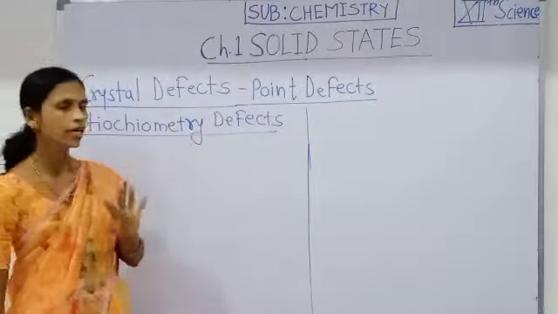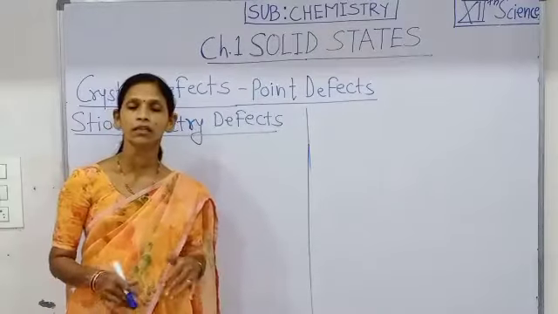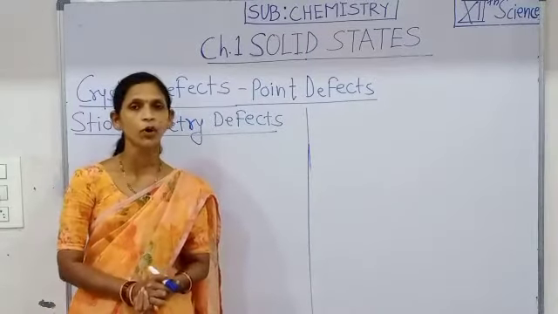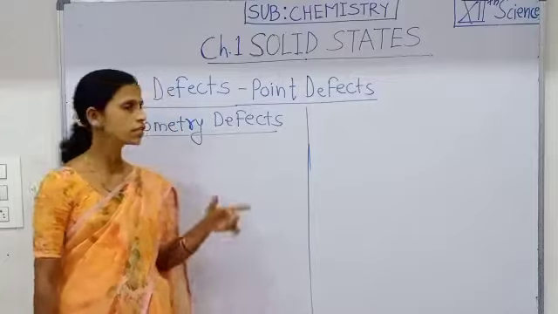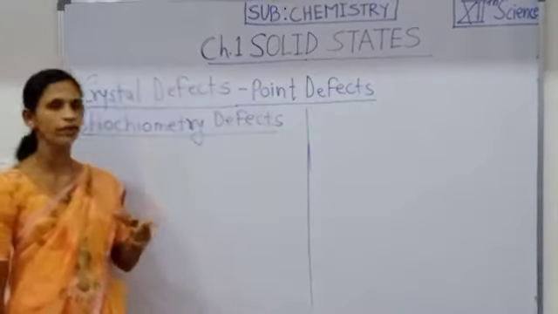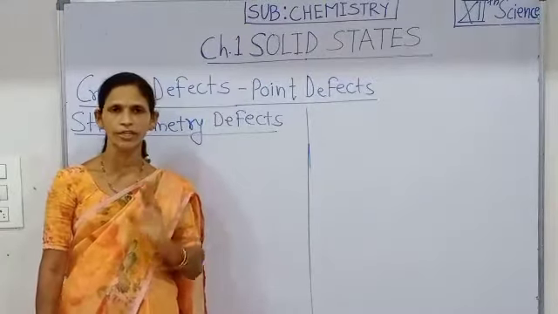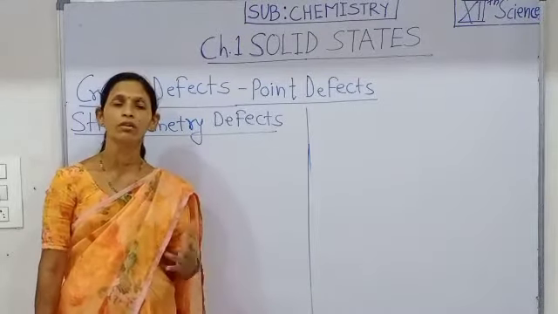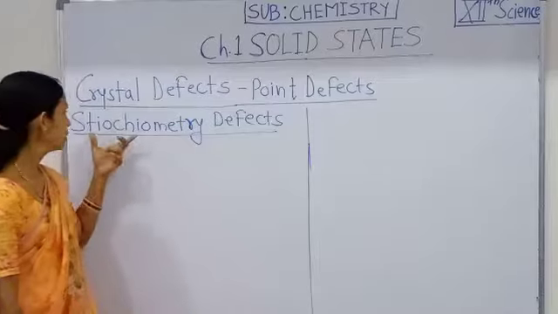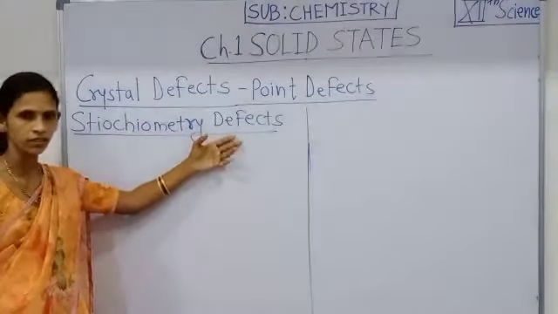There are generally three types of point defects: stoichiometry defects, impurity defect, and non-stoichiometry defect. First of all, we will discuss stoichiometry defects.